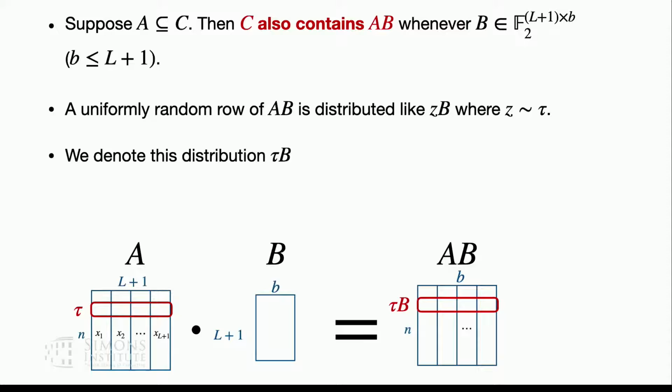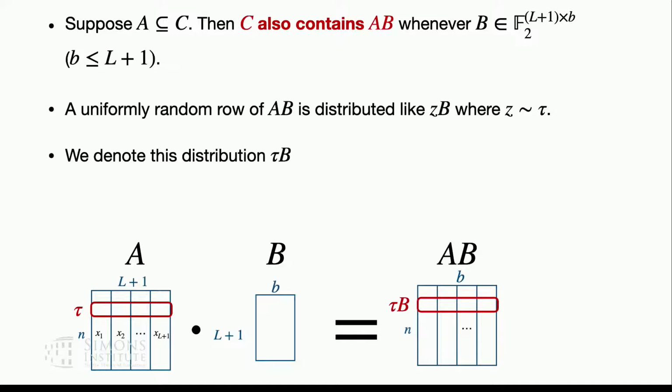And the thing is that if I know B and I know tau, then I also know the probability of this matrix, right? Because what does a random row of this matrix look like? A random row here is obtained by taking a uniform random row of A and multiplying it by B. Okay?